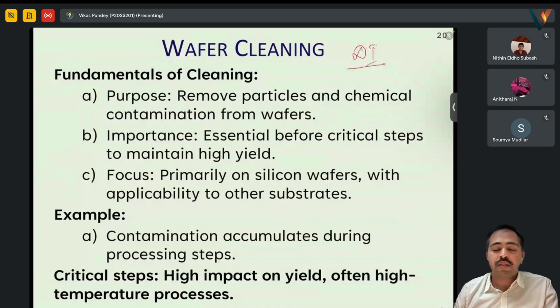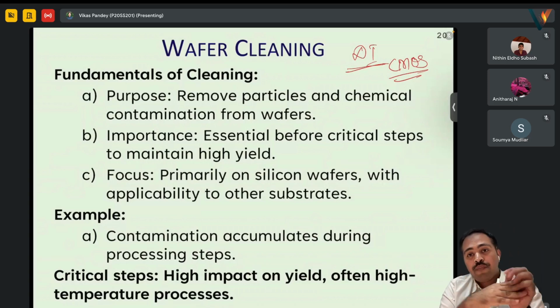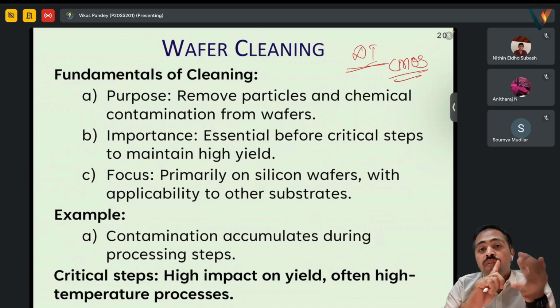Okay. The chemicals that we are using, that is CMOS grade chemical. Then everything is there. Then what we are going to do is that we are going to clean the wafer that we got. The main purpose is to remove any particle or chemical contaminants from the wafer.